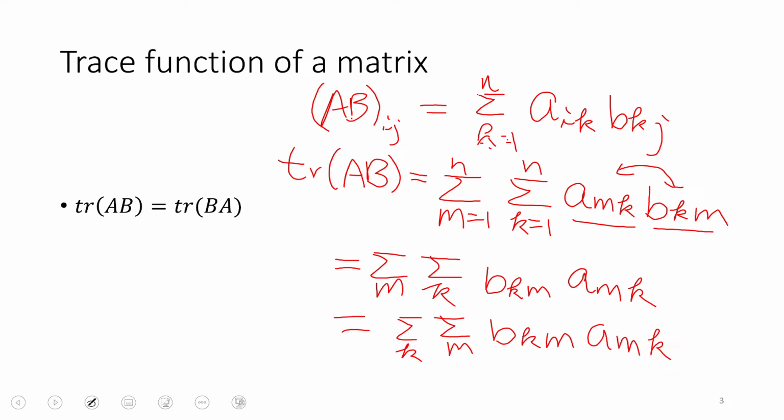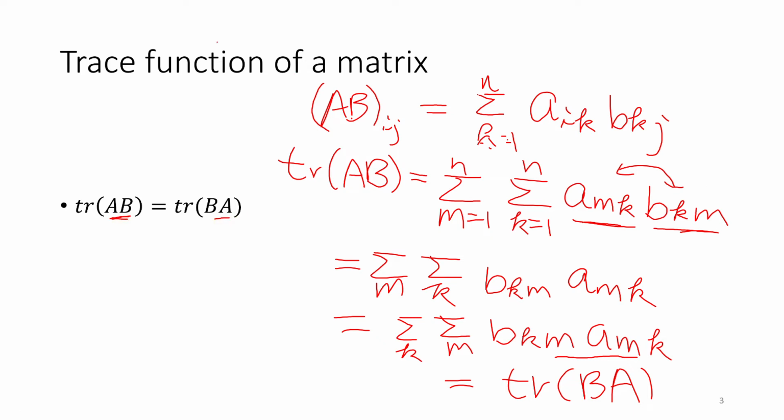You can see that this is very similar to when we do A times B, but here we sum the diagonal elements of B multiplied by A. So it's actually equal to the trace of BA. So you swap the order, BA and AB, and the trace remains the same.